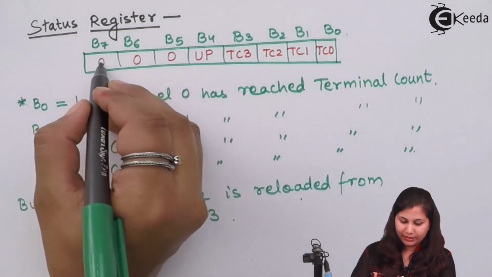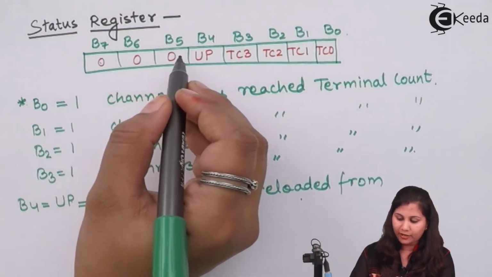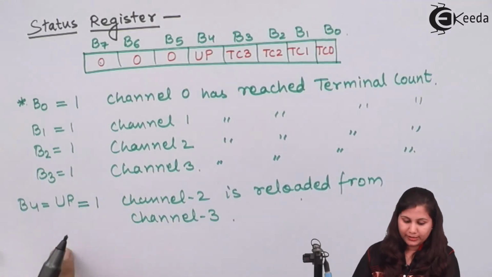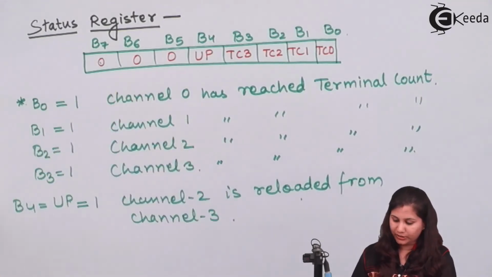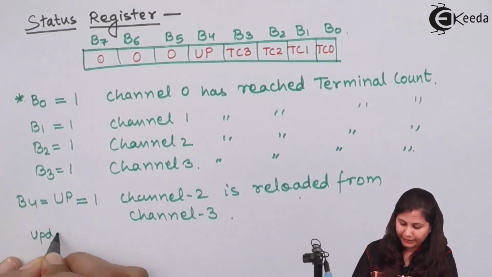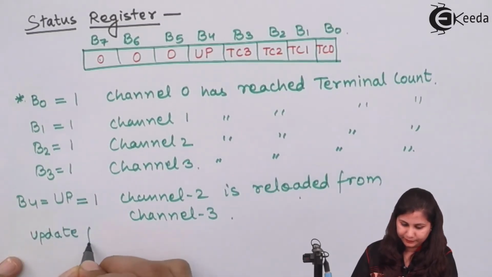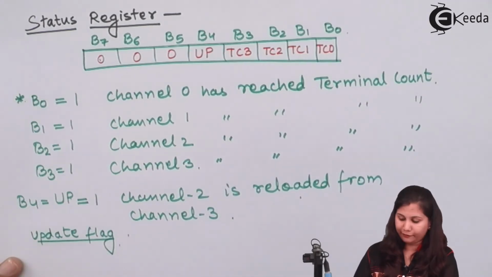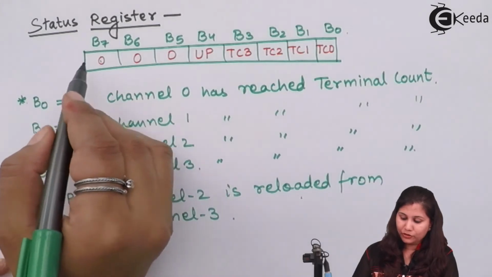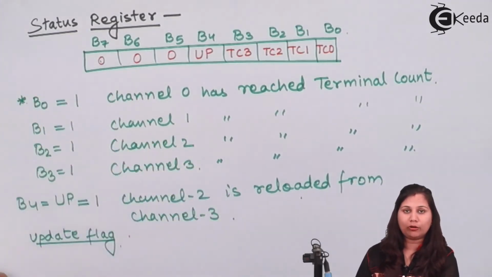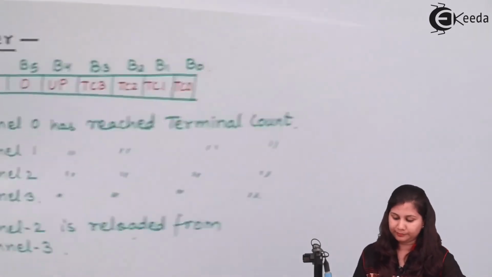Then bits 7, 6 and 5 are at the fixed logic. Also this bit number 4 of the status register is called UP, which is the update flag. Its full form is update flag. And the bits of this status register can be cleared by the microprocessor.